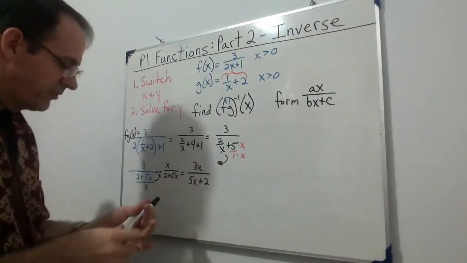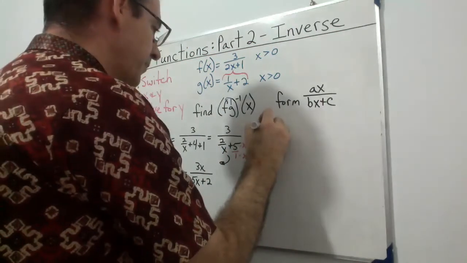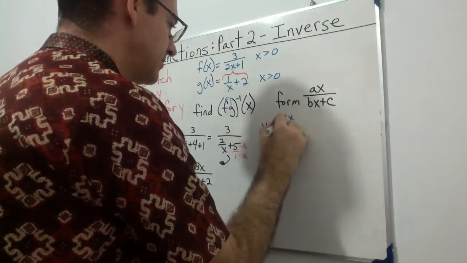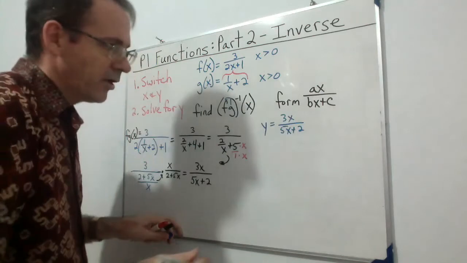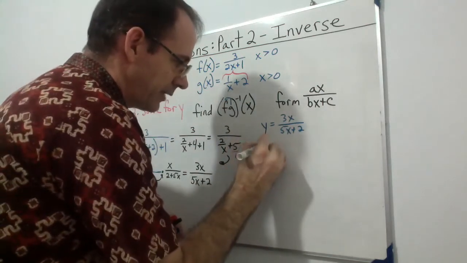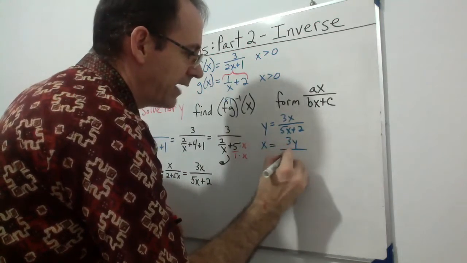So again, we switch x and y. We start over here with y equals 3x over 5x plus 2. We switch our x and y, so we have x equals 3y over 5y plus 2.